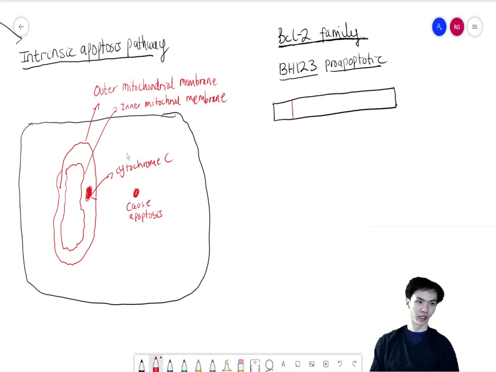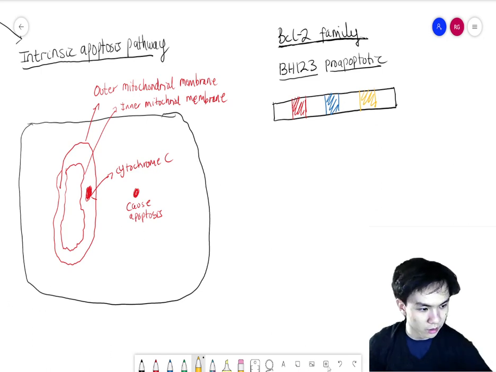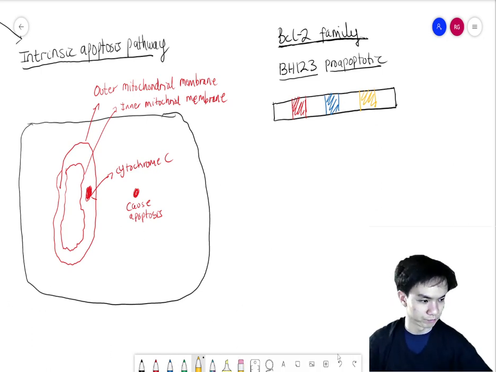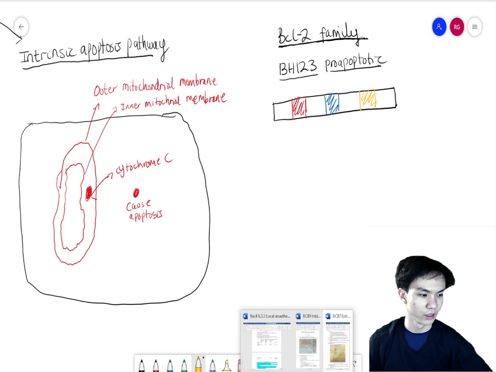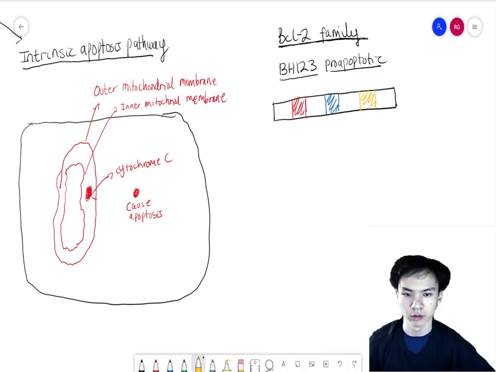So we're going to draw 3 domains in different colors, and it's going to have BH1, BH2, and BH3 domains. And it's not going to be in the exact order along the protein. In fact, I think it has BH3 on the very left, on one end.